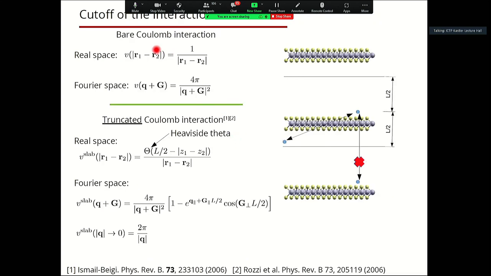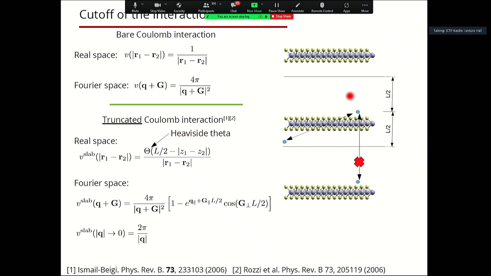So this is the bare Coulomb interaction, that in real space is simply 1 over r, while in Fourier space is 4 pi over q squared. What we want to do is to truncate the Coulomb interaction between the replicas of the monolayers. This is done in real space with a Heaviside theta.